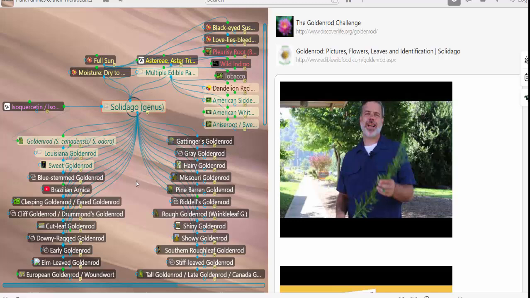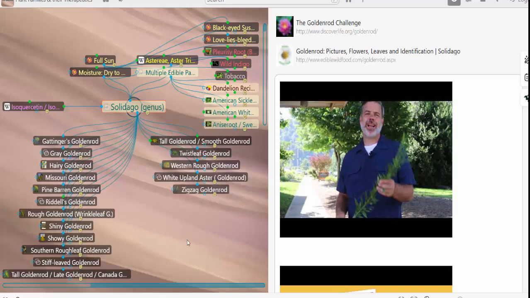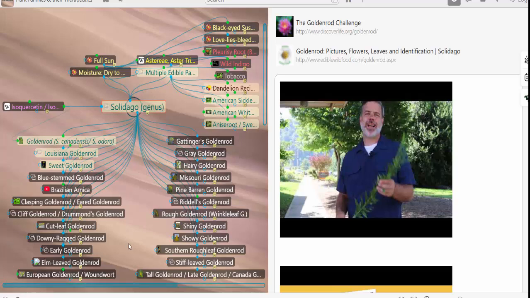As you can see on the left, these are all of the species of goldenrod that I've added to this database. And surely we're not going to try to put all 400 in here. But the question is, what do they have in common with each other?